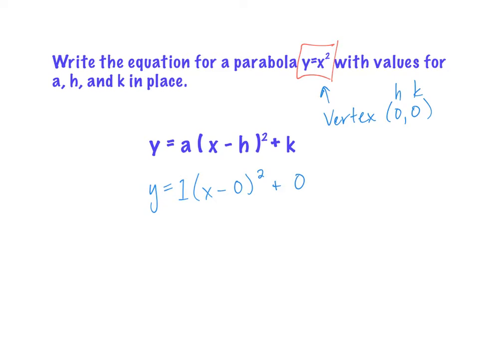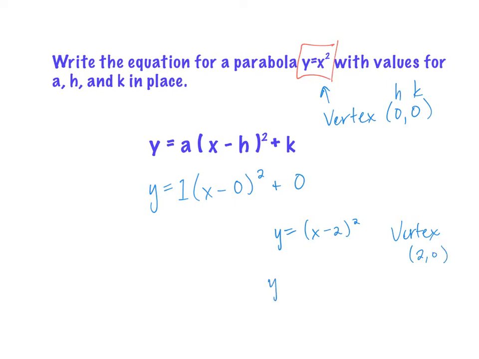And that's what I wanted to point that out for, is that sometimes we have something like y equals x minus 2 squared, and there is no plus k hanging out there, so that means our vertex would be 2, 0.